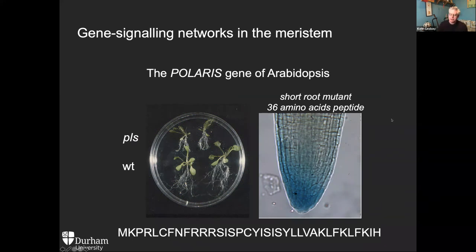So a very short protein. This is the protein sequence. The question is, how is that required for controlling the activity of the root? It controls the meristem activity. And it's taken us about 20 years to figure out what's going on, I have to say.